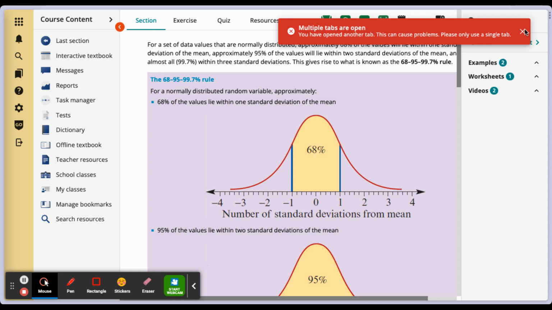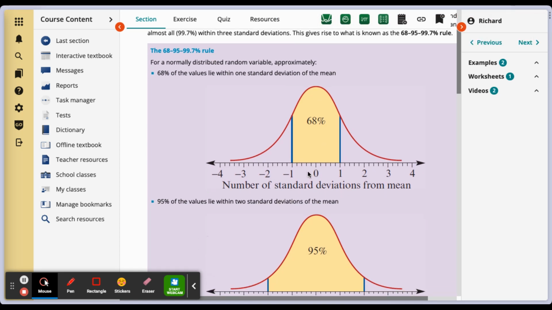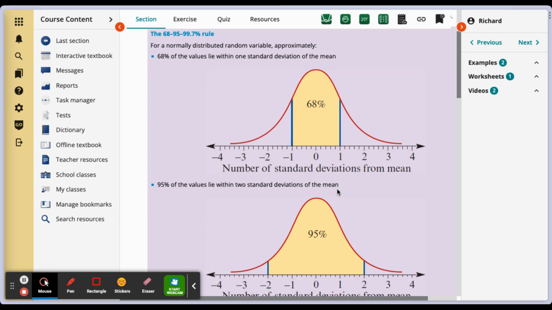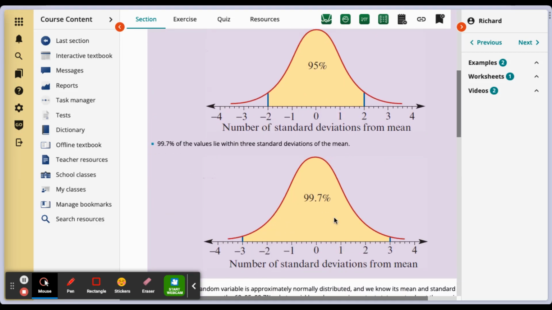Ignore the numbers here, but if 0 is the mean and this is 1, 2, or 3 standard deviations away, then we've got 68% covered here, 95% is covered between -2 and 2, and 99.7 is covered between -3 and 3. Of course, you can still get 4 or 5 standard deviations away, but that means they're in a very small percentage of the data. Okay, any questions?